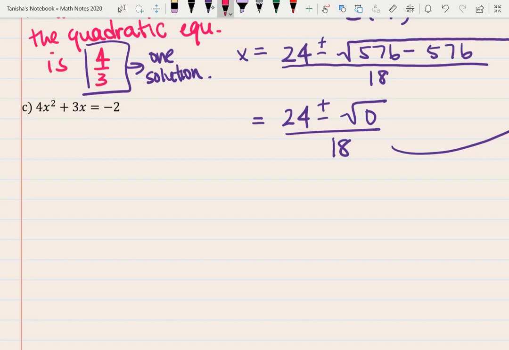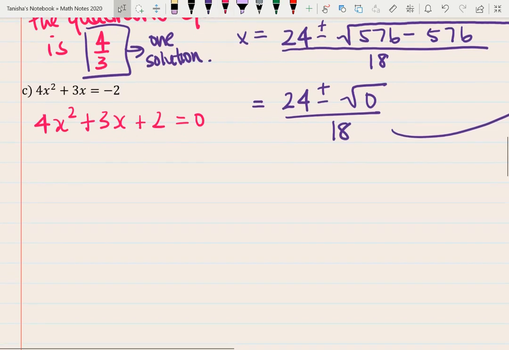So we're going to move that -2 on the right side of our equation to the left side. 4x squared plus 3x plus 2 equals 0. And we're going to figure out what our a, b, and c values are in our equation. Well, a is 4, b is 3, and c is 2.